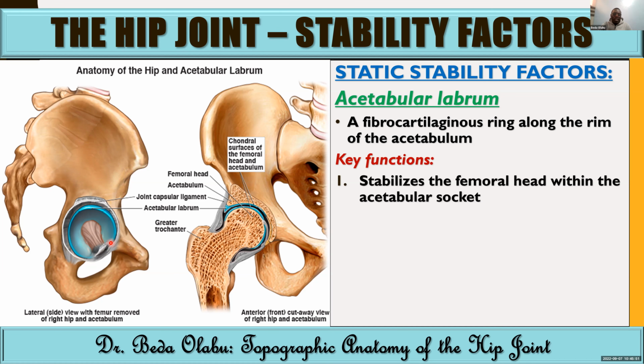One, we agree it stabilizes the femoral head within the acetabular socket, so it restrains it. Apart from that, this particular labrum also facilitates the normal maturation of the acetabulum. This is especially when you look at children growing from infancy into early childhood. The presence of the labrum helps in normal maturation of the acetabulum.